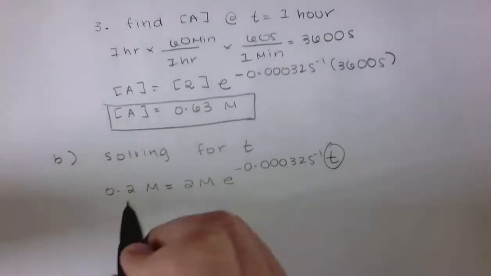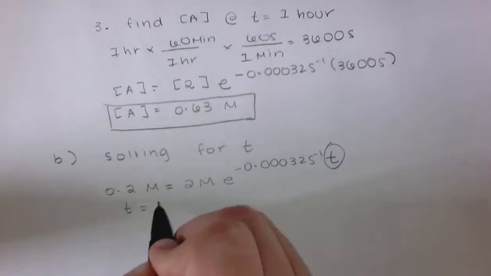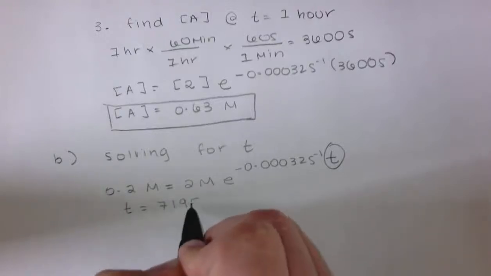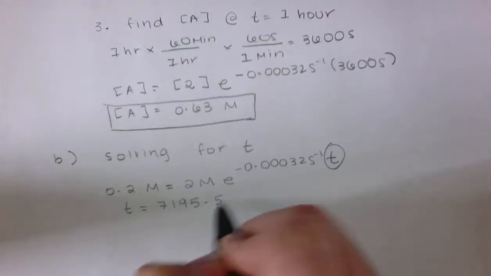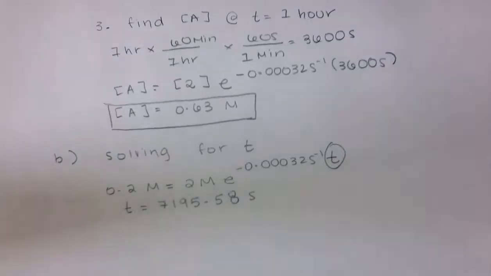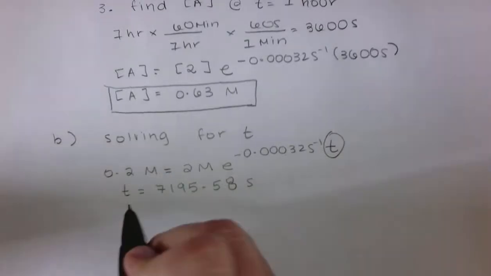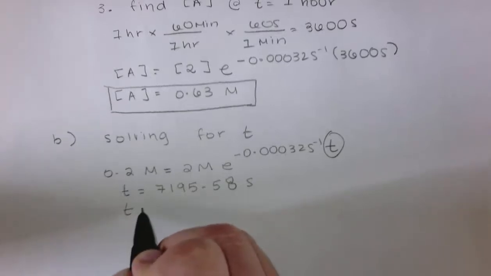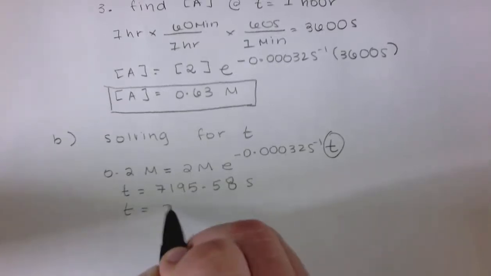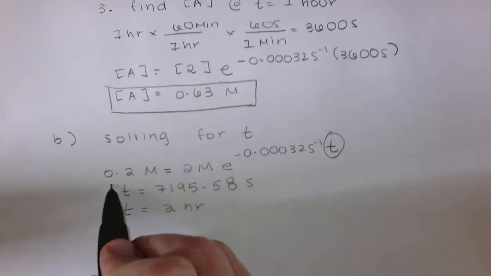So I end up getting that T equals 7195.58 seconds. And again, if your answer choices are in hours, you have to go back and convert this to hours. So you can also verify this, but I end up getting that T is about 2 hours.